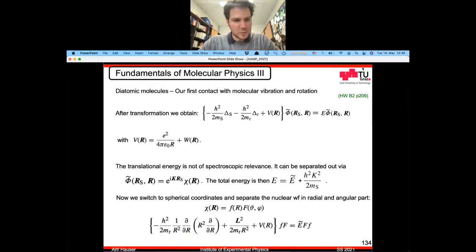So if you take this solution and you put it into the equation, if you take the second derivatives, you can see it complies and is solving the Schrödinger equation. The corresponding total energy then consists of the unknown part and a part which stems from the motion of our molecular system in space.